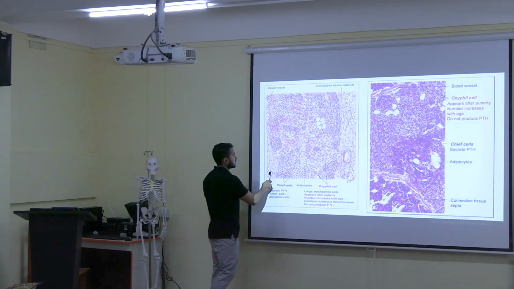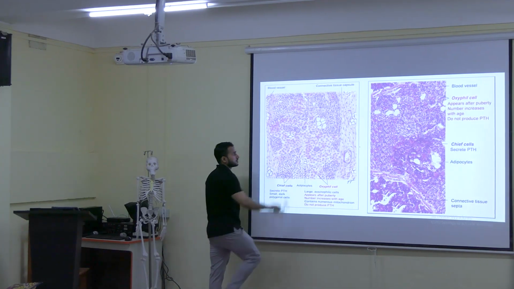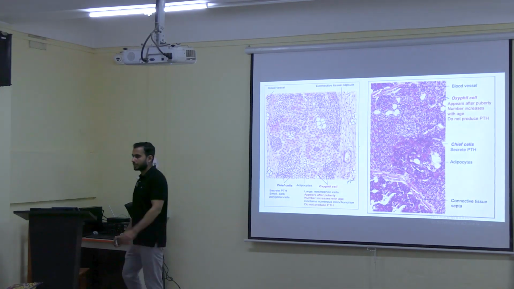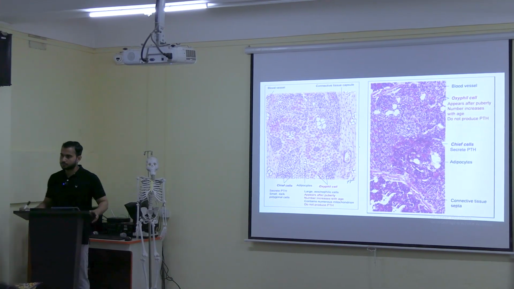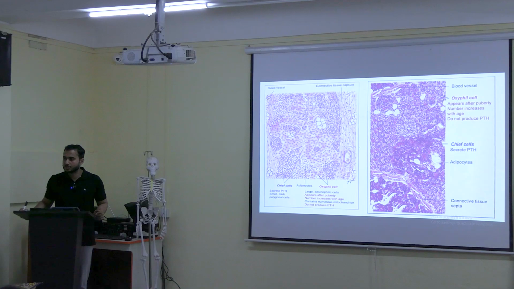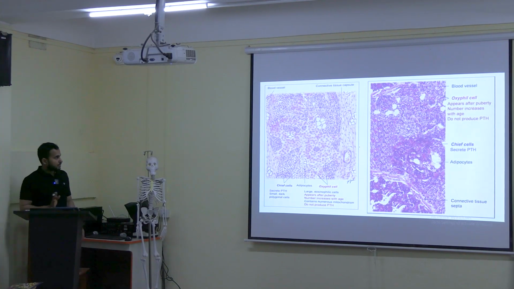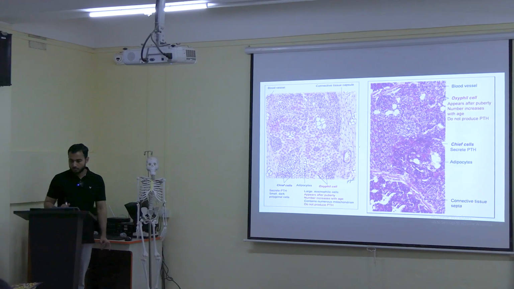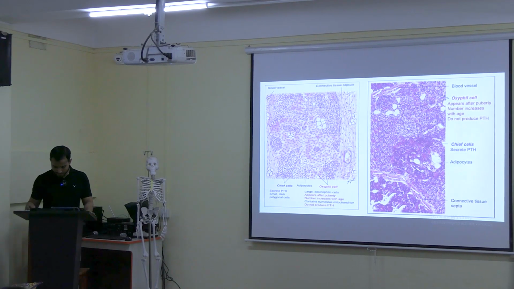These are the adipocytes, here also, here also. So these adipocytes are also there inside the parathyroid gland. Identification of the parathyroid gland is also simple, it's not that difficult. You only have to identify two types of cells, and before that the capsule, incomplete septa, and then two types of cells. That's all about the parathyroid gland. We'll go to the lab and then we'll see the slides.